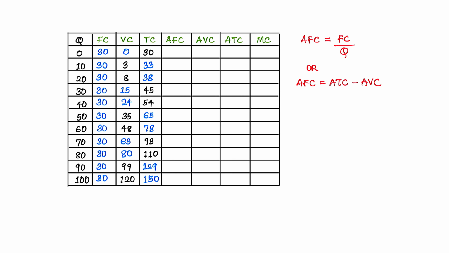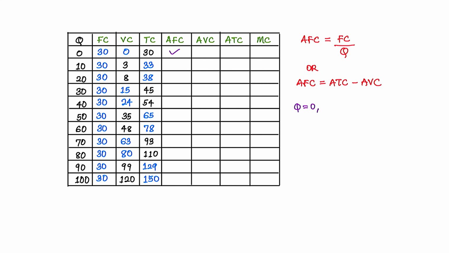So depending on the values that you have, it will determine whether you use this first formula or the second formula. We use this first formula when we know the value of the fixed cost and the quantity, and we use the second formula when we know the value of the average total cost and the value of the average variable cost.